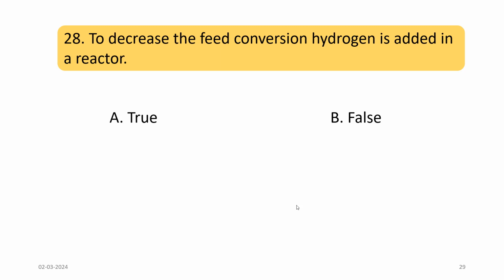Is it true or false? The answer is true. To decrease the feed conversion, hydrogen is added in a reactor.